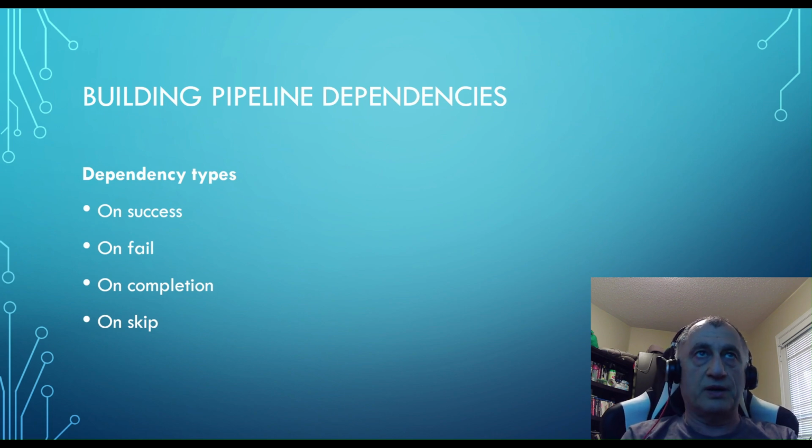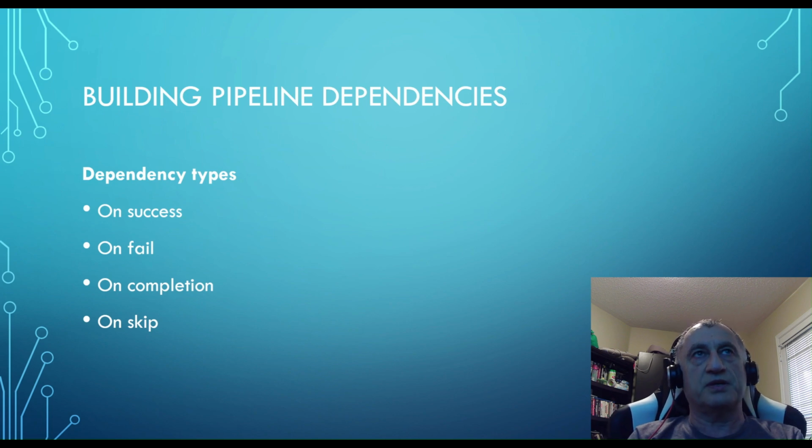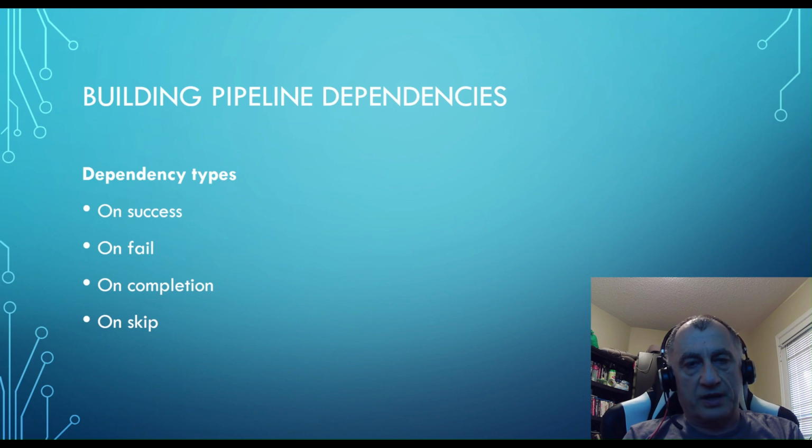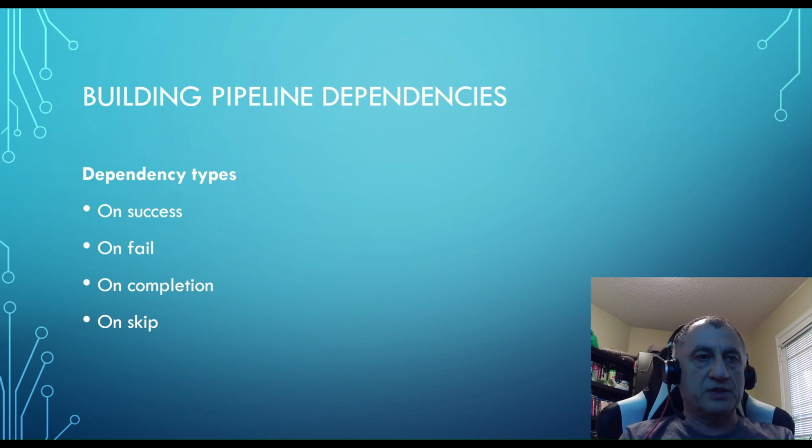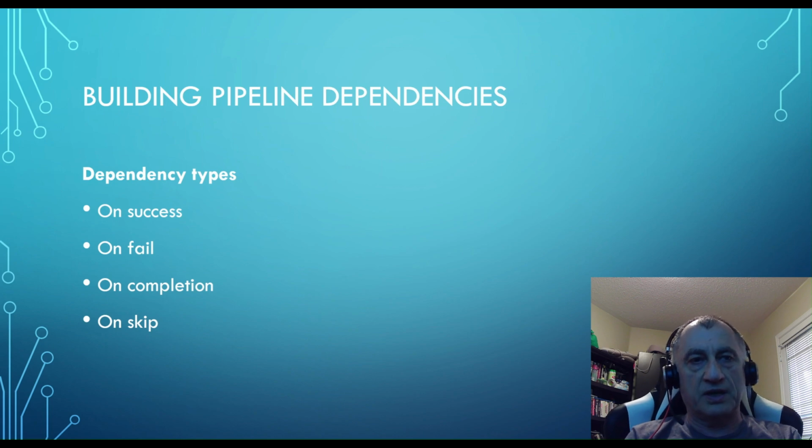So these two dependencies are obvious, I guess. And then there is on completion dependency, which means that my next activity will start no matter what happens to my current activity, providing that it runs, so it either succeeds or fails.